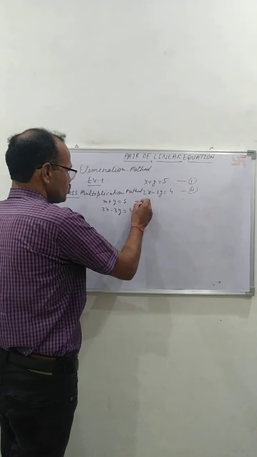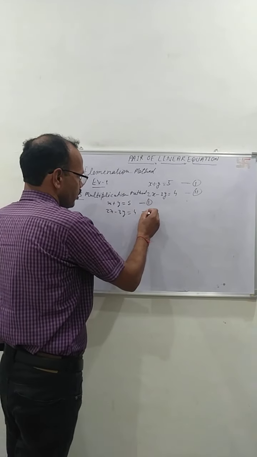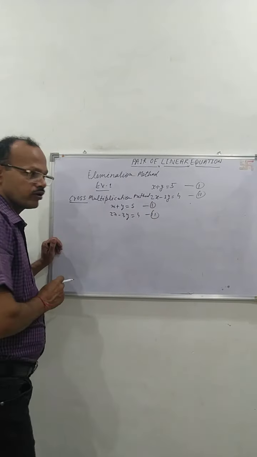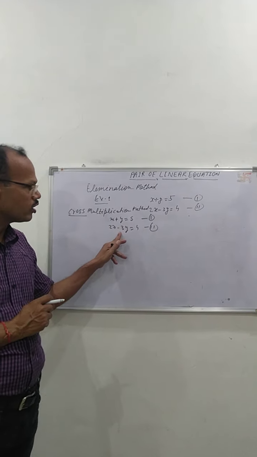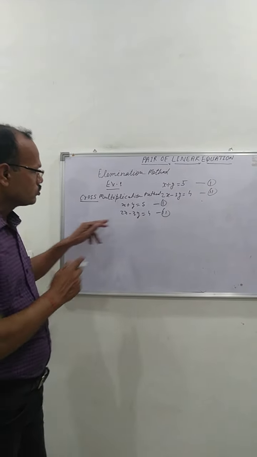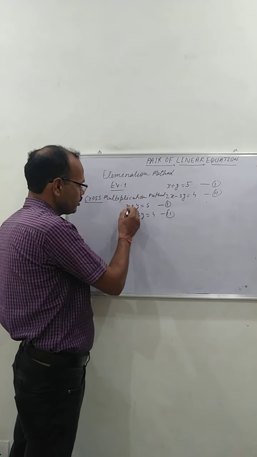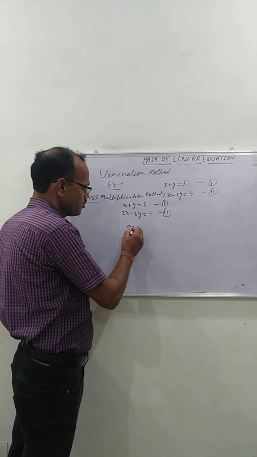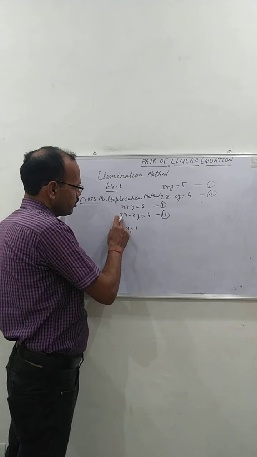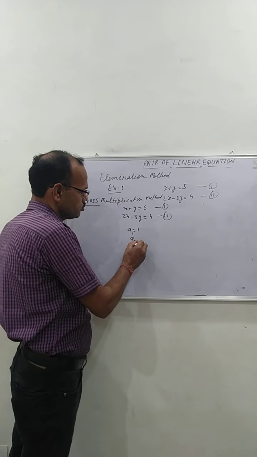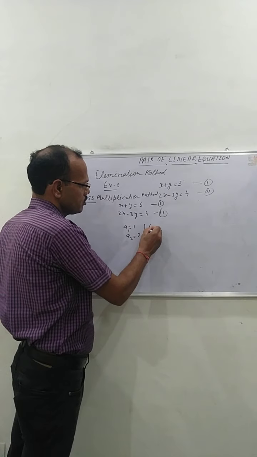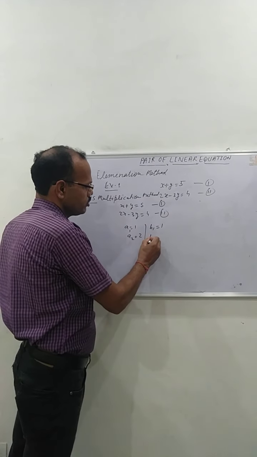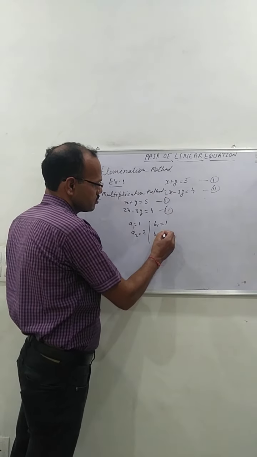These two equations we compare with the standard form a1x plus b1y plus c1 is equal to 0 and a2x plus b2y plus c2 is equal to 0. In that case, we get a1 is equal to 1 and a2 is equal to 2, b1 is equal to 1 and b2 is equal to minus 3.